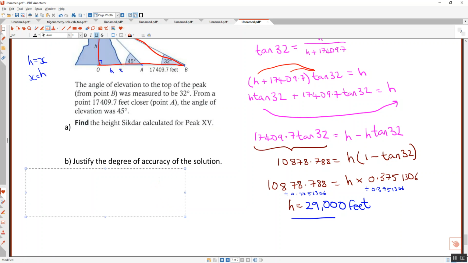Okay, so we're going to put this answer, although fairly accurate, does not take into consideration the fact that the measurements may be not 100% accurate.